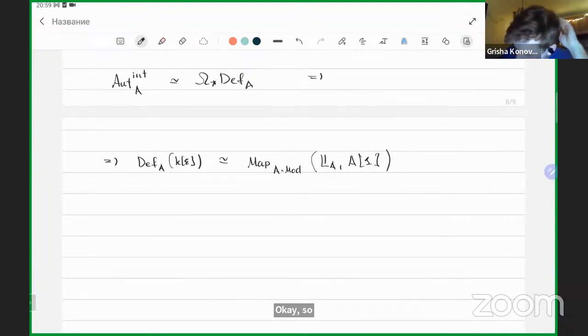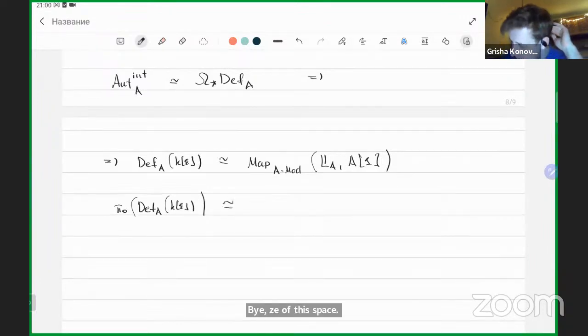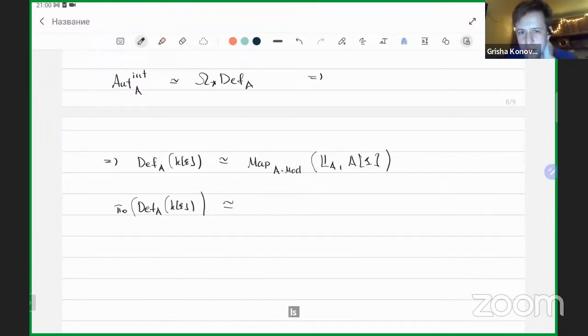Okay, so in particular, pi 0 of this space is, how to say it?